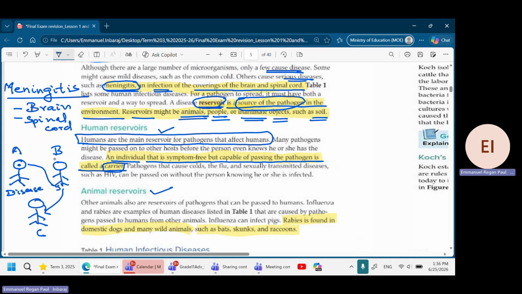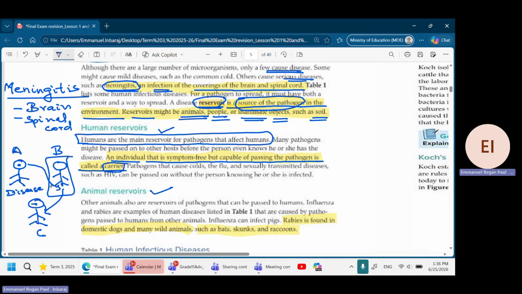But B is not affected by the disease. A gets the disease and C gets the disease, but B is not affected. So who is B? B is called a carrier.